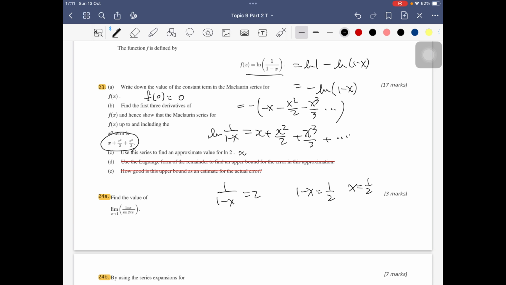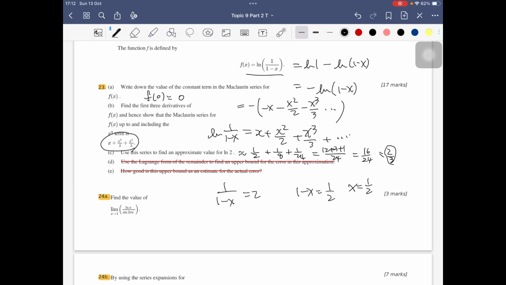So this is approximately 1 over 2, 1 over 8, 1 over 24. So 24, 20, 12, 3, 1. So 16, 24, 2 over 3. Maybe ln 2 can be estimated as 2 over 3.